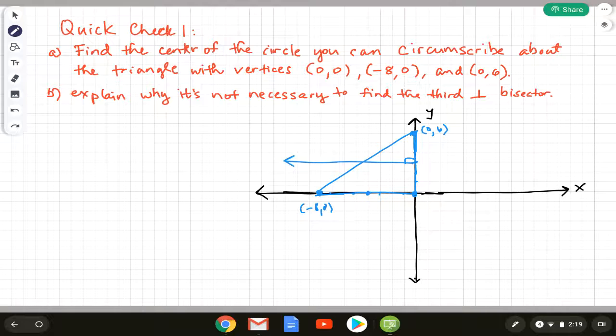And I'll draw a vertical line since it's bisecting the horizontal line. Okay, so here is where those two intersect. That would be the center of the circle that's circumscribed about it. So if they're asking for a point, then that would be the point negative 4, 3.